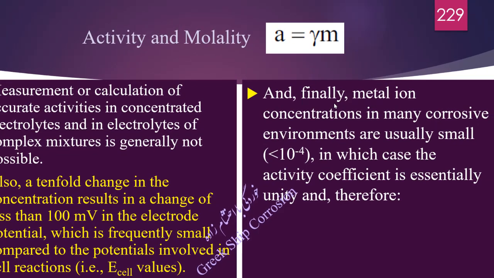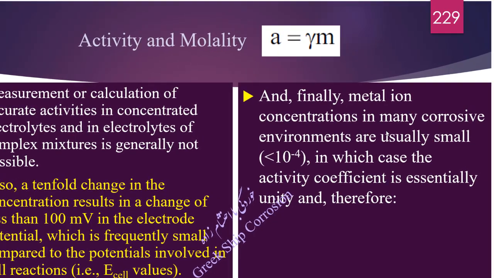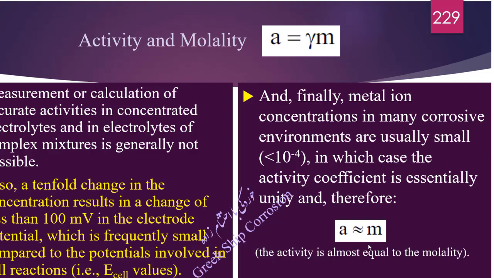And finally, metal ion concentrations in many corrosive environments are usually small, less than 10 to the negative 4, in which case the activity coefficient is essentially unity and therefore the activity is almost equal to the molality.